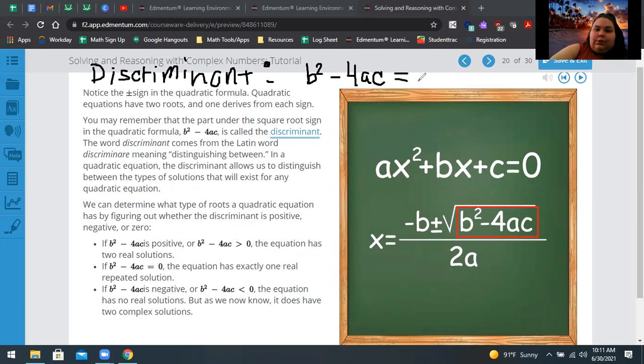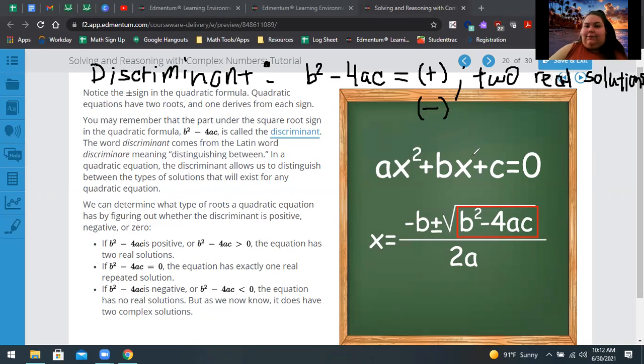If it's equal to a positive number, you're going to have two real solutions. It doesn't matter what number it is, as long as it's positive, it's going to be two real solutions.